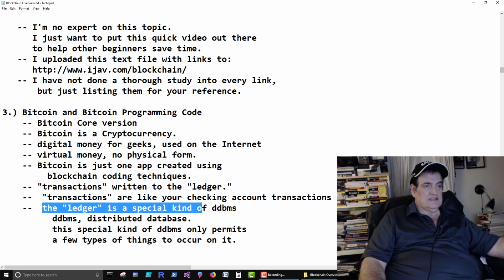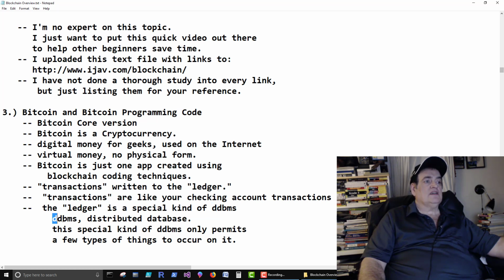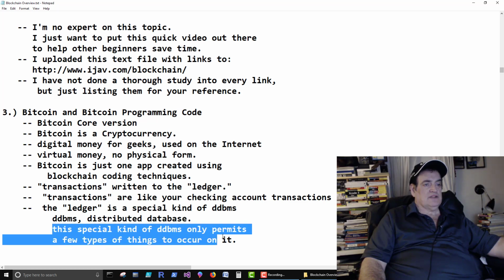The ledger is just a special kind of database. DBMS. The first D is for distributed. So it's a distributed database management system. Okay? And it's a special kind of database that only permits a few things to occur on it.